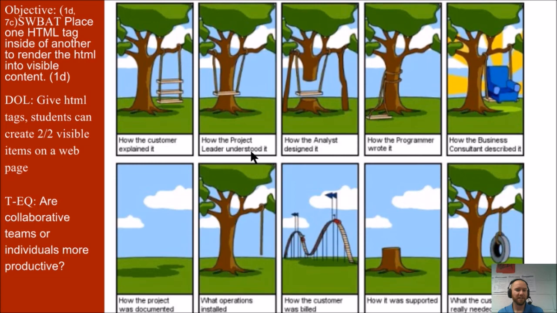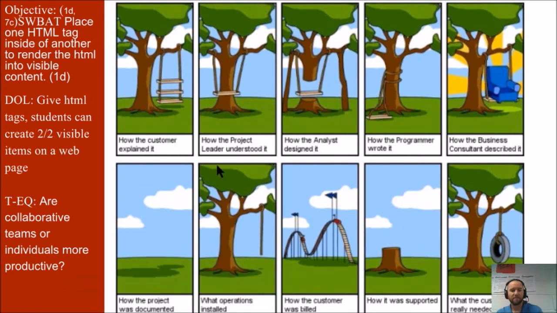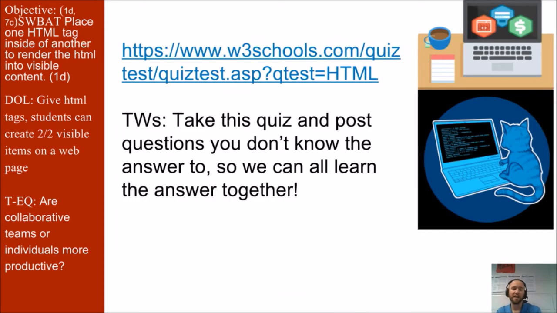Second one is how the project leader understood it, how the analyst designed it, that is crazy, how the programmer wrote it, how the business consultant described it, how the project was documented, no documentation, what operations installed, how the customer was billed, as in a fancy roller coaster, how it was supported, and then in the end, a simple tire swing was what the customer really needed. So web development can kind of be like that.